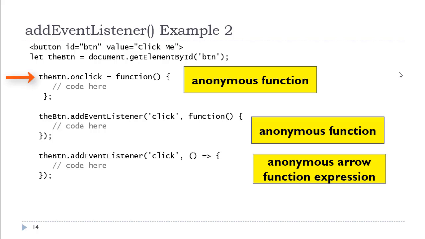So here we have the button.onClick calling the anonymous function, and the code inside the curly braces will execute. Now I have the same statement using addEventListener calling the anonymous function. I also have the same statement using addEventListener calling the anonymous function using the arrow function expression, because you will see that on the web a lot.